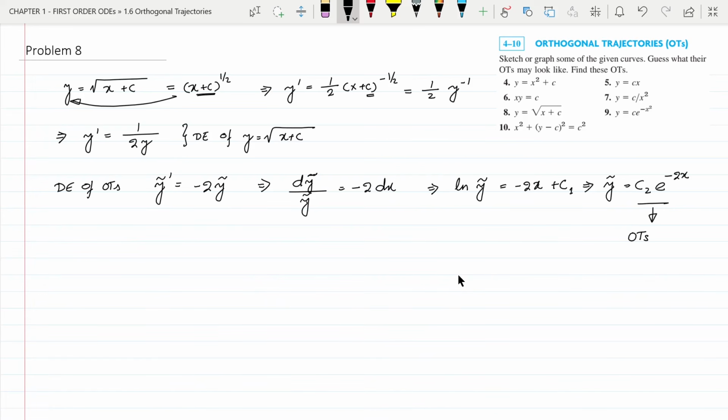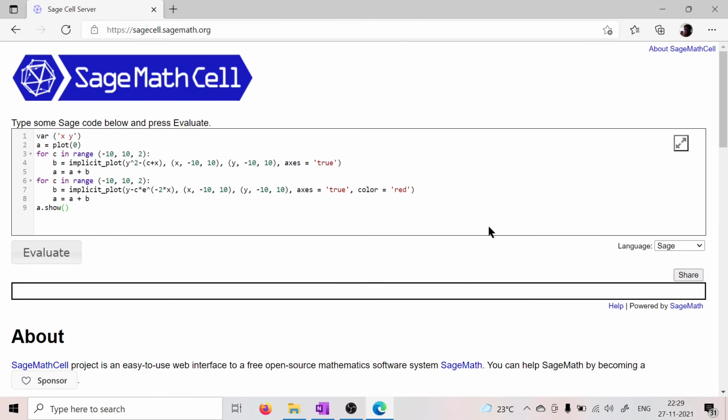Now let us plot the given family of curves and the family of orthogonal trajectories using SageMath. This program will help us plot the given family of equations, which is y equal to square root of c plus x, or as we have written here in implicit form, y square minus c plus x equal to 0.